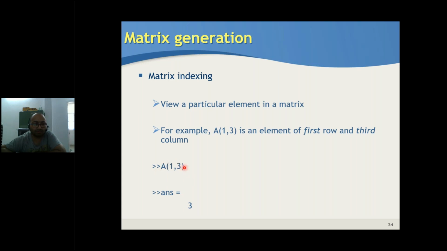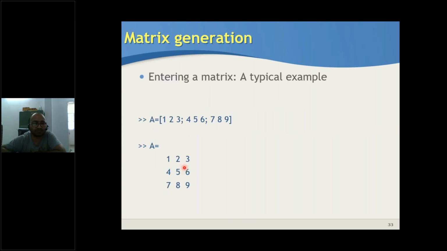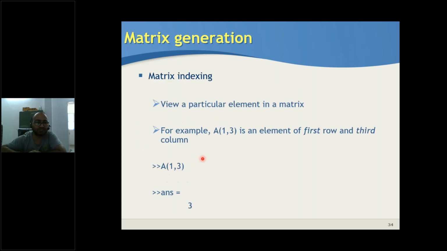At the place of first row, third column, the value is 3, and you will get the output as 3. Here you have not assigned it to any variable. That is why by default it is assigned to the ans variable, as we have discussed in an earlier slide.